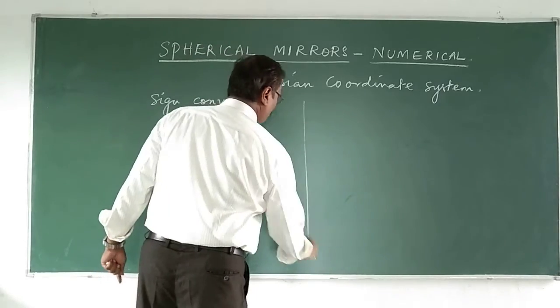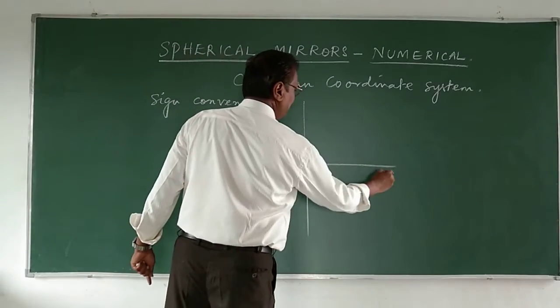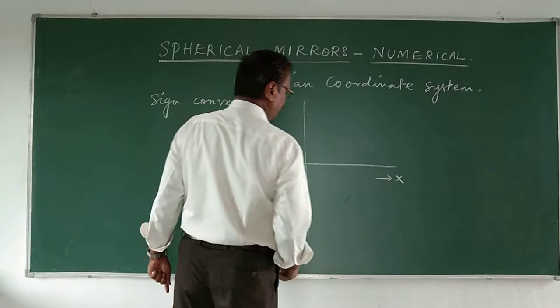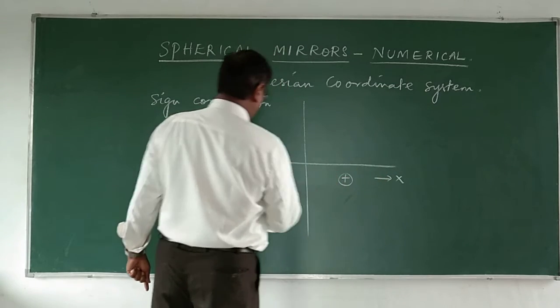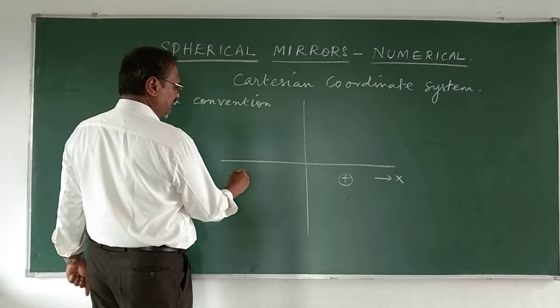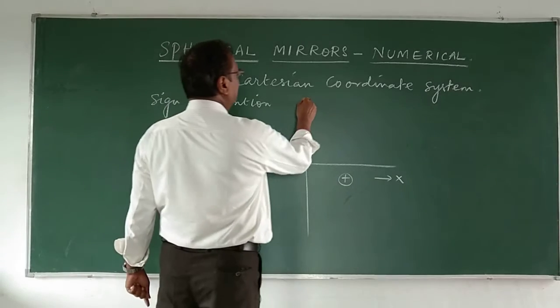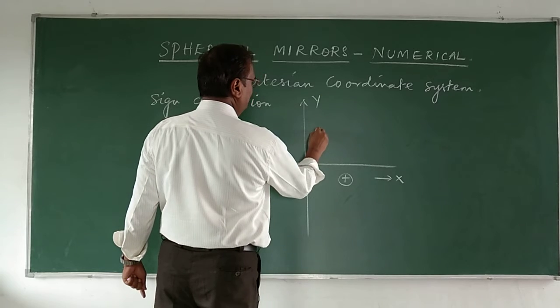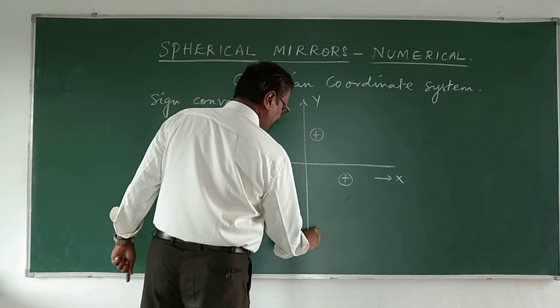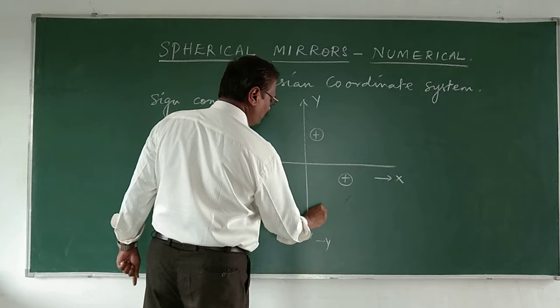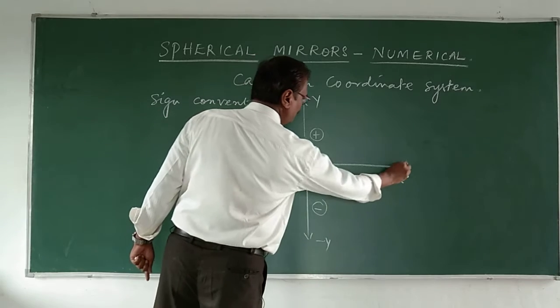According to the Cartesian coordinate system, this is the positive x-axis, and if you go to the left hand side, this is the negative x-axis. This is the y-axis, which if you go upward is positive, and if you come downward, it is negative.